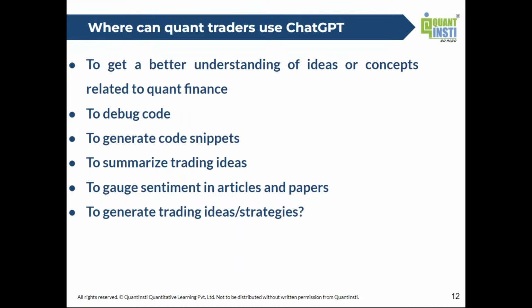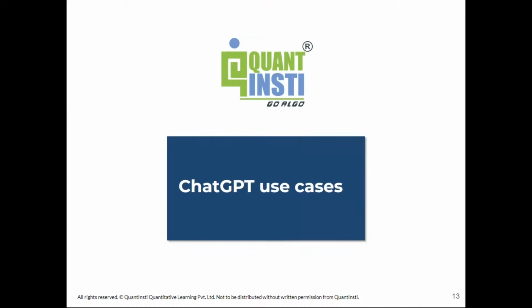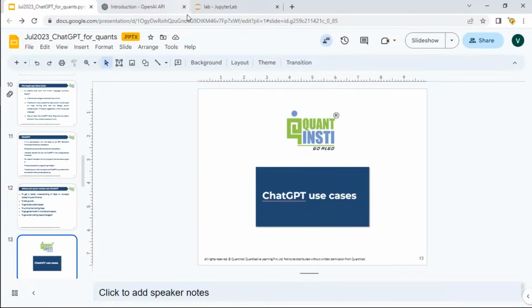These kind of tools are very powerful at gauging sentiment, the kind that you see in natural language processing, in articles and newspapers. And maybe you might be able to use it to generate trading ideas or strategies. I'm pretty skeptical about the last point, but nevertheless something that people do try from time to time, right? So now let's jump into some use cases specific to ChatGPT.